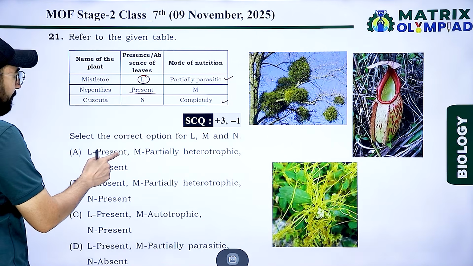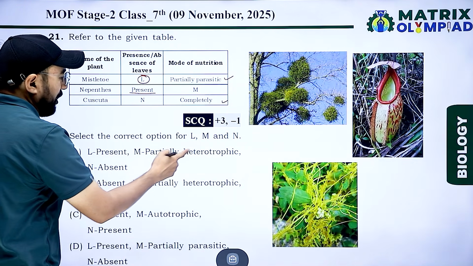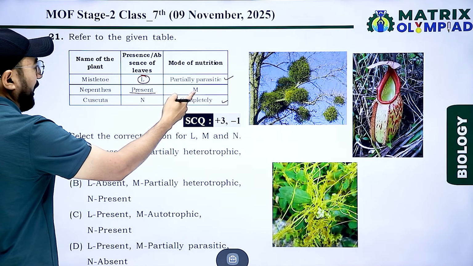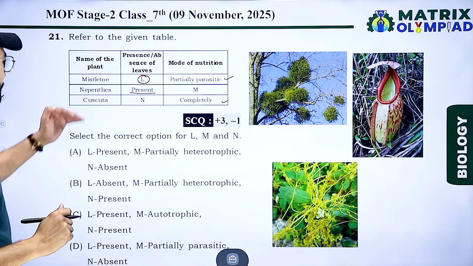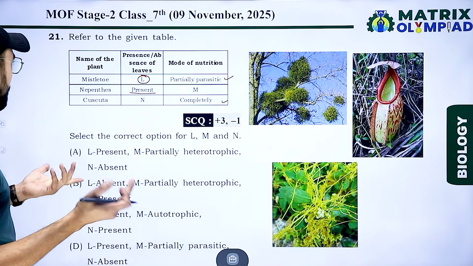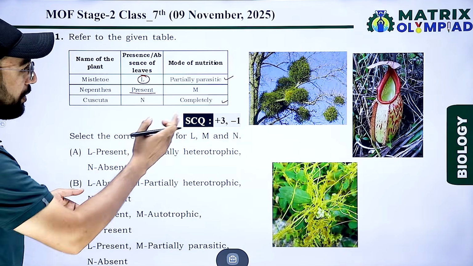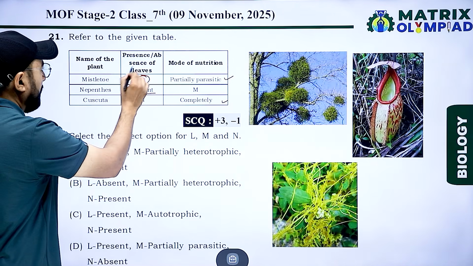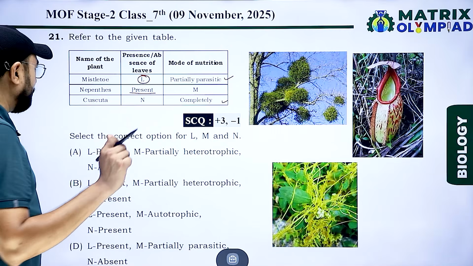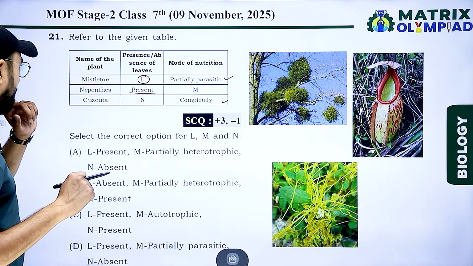Option A: L present, meaning leaf present, M partially heterotrophic, nepenthes, and N leaves completely absent. This is right because nepenthes is heterotrophic, and L, mistletoe, has leaves present, and in N, cuscuta, leaves are absent.